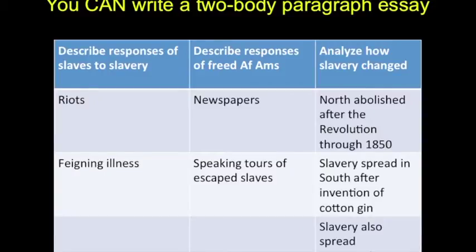For example, if the evidence in the first 2 columns of our graphic organizer on slavery seems skimpy, we could combine these into 1 paragraph on African American responses to slavery overall. Let the wording of the question and the amount of evidence in the graphic organizer dictate how many paragraphs you will write.